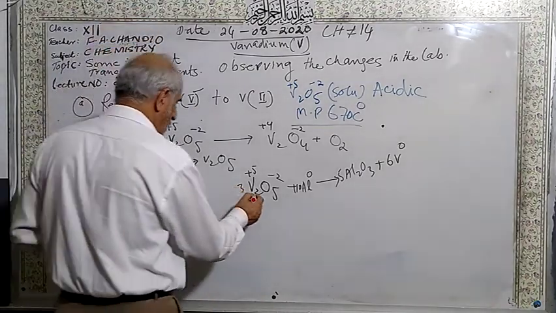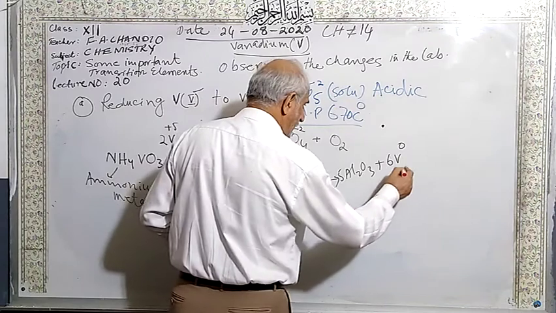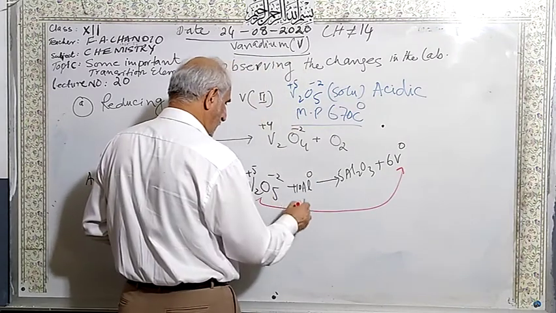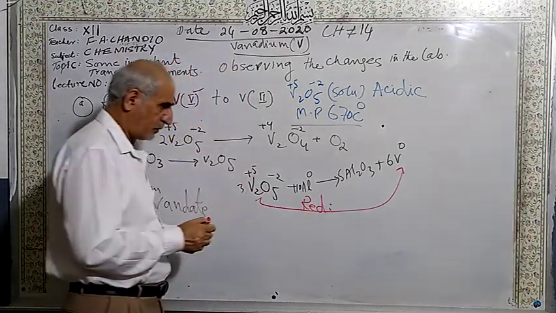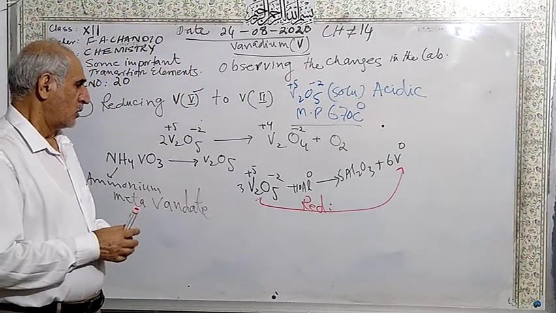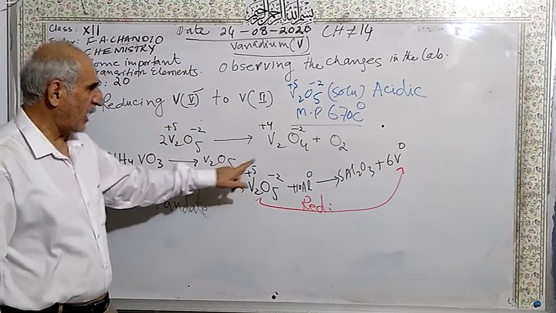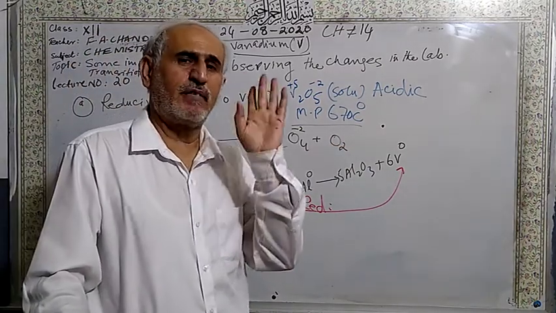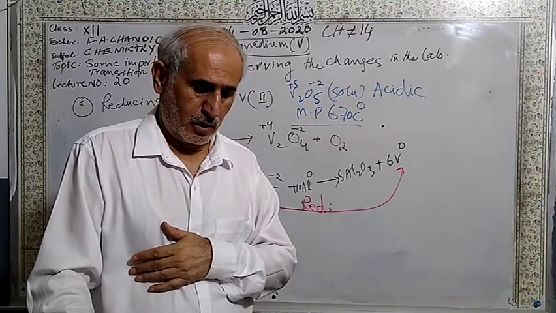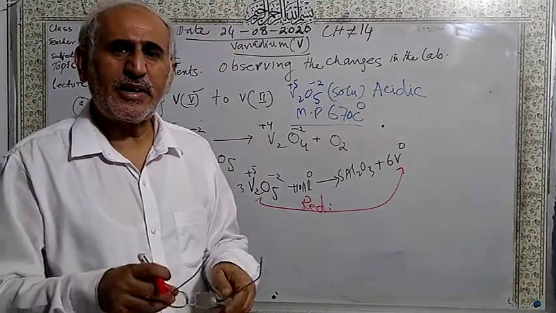So this reduction, +5 to 0, means reduction by 5 electrons in one vanadium. So this is the reduction.